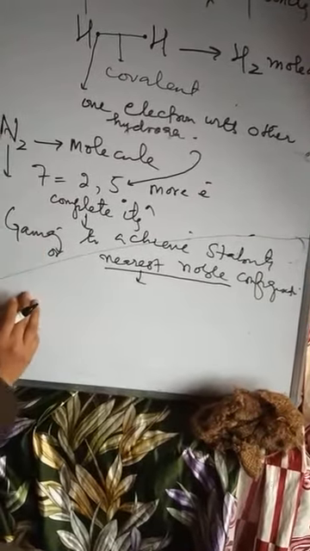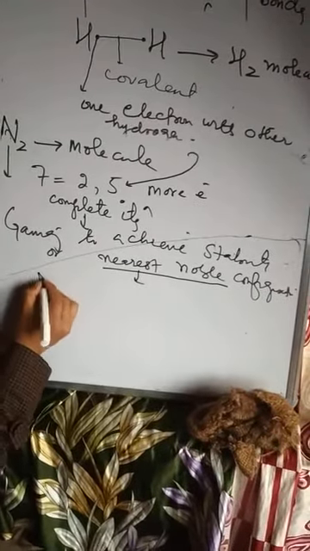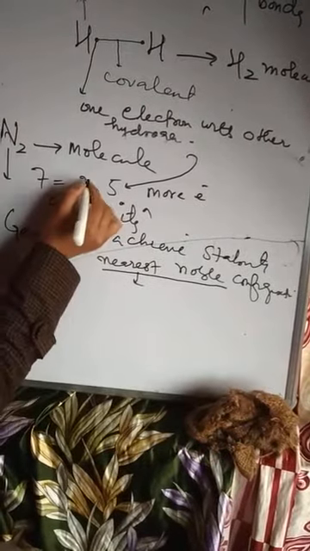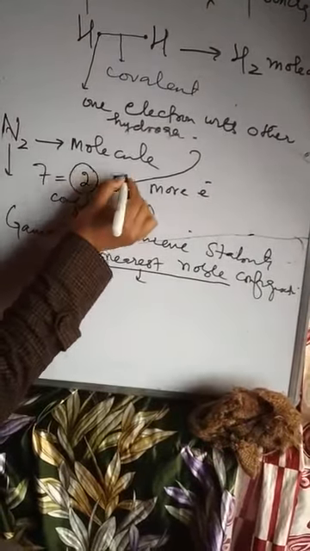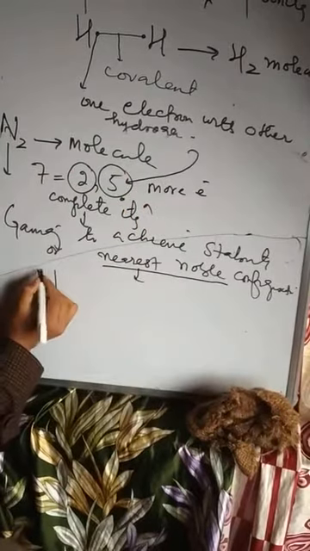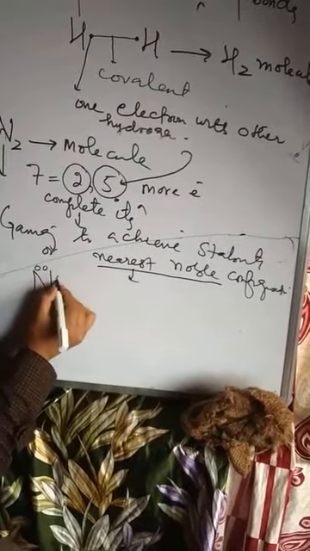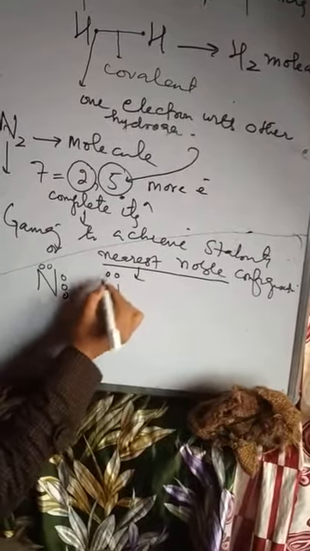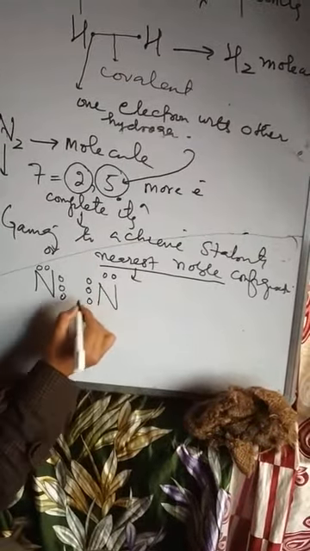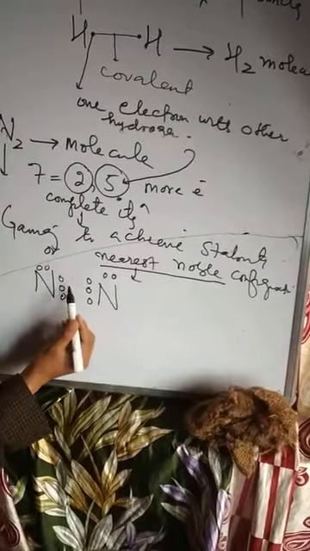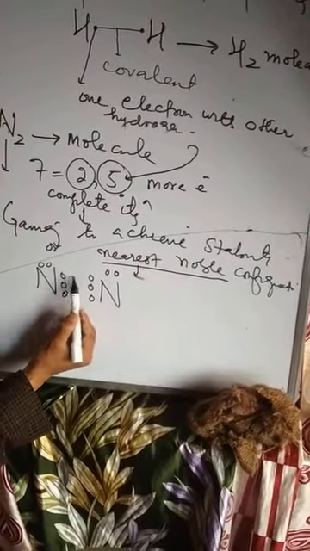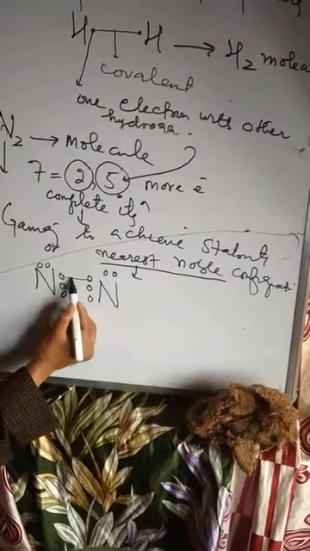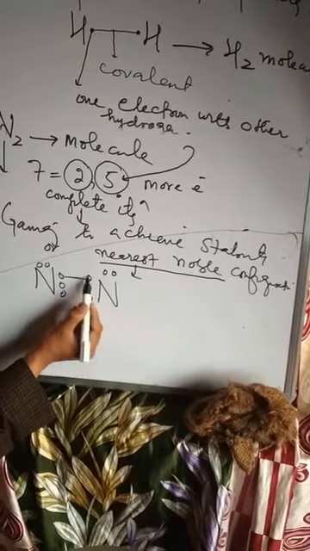Now look, as far as this nitrogen is concerned, nitrogen is having atomic number of 7. In its first shell it contains 2 electrons, and in L shell it contains 5 electrons. Like this, 1, 2, 3, 4, 5. And another nitrogen, 1, 2, 3, 4, 5. And this nitrogen shares actually 3 of its valence electrons with other nitrogen, thereby forming a bond by mutual sharing of electrons.